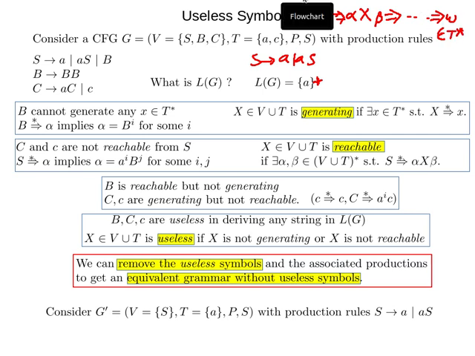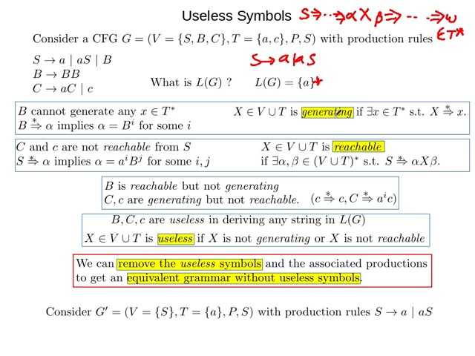Now you see this capital B and capital C fail in that respect. First of all, we define the terms generating and reachable. You take any symbol, it can be either a terminal or a non-terminal.